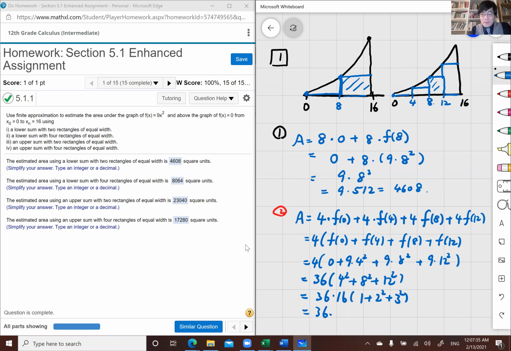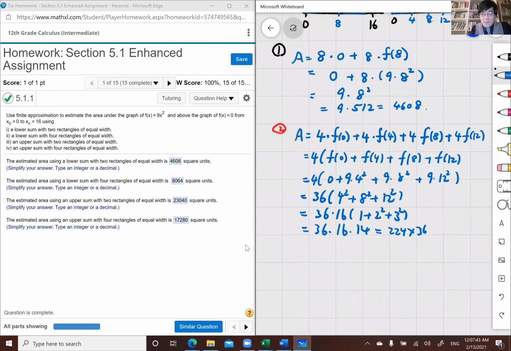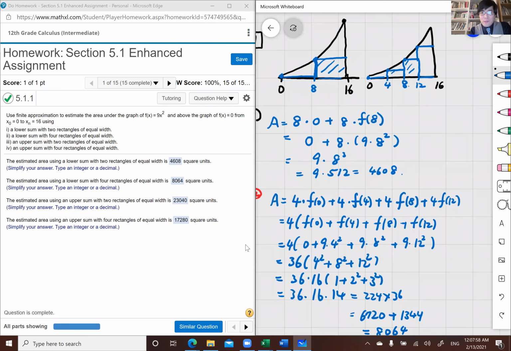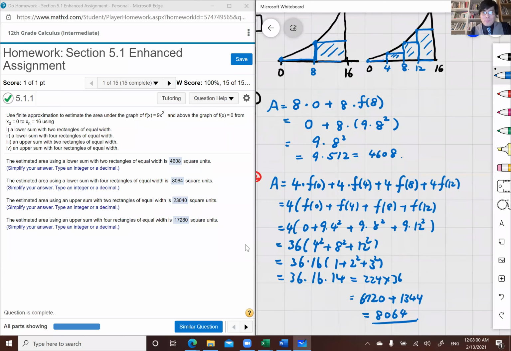It is 36 times 16 times 14, which is 224 times 36. That's terrible. So it's going to be 6720 plus 1344, so 8064. So that's the sum of the 4 rectangles.